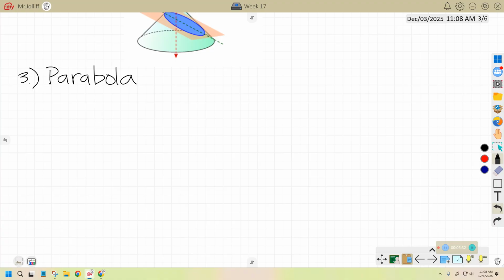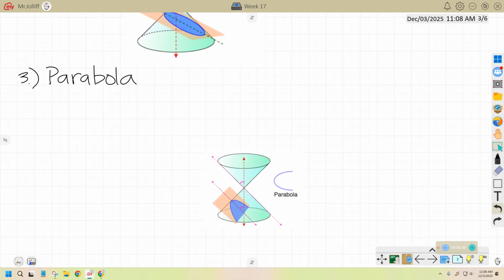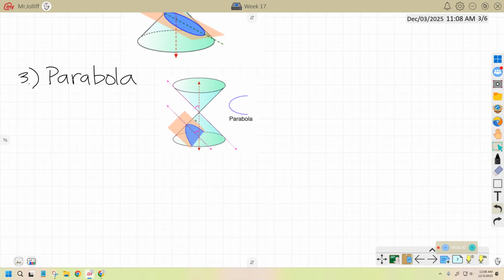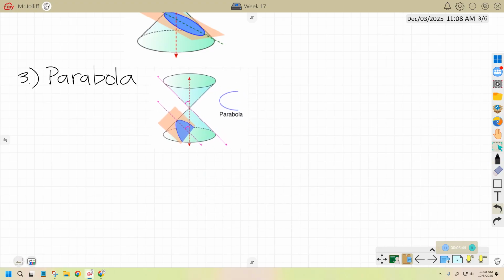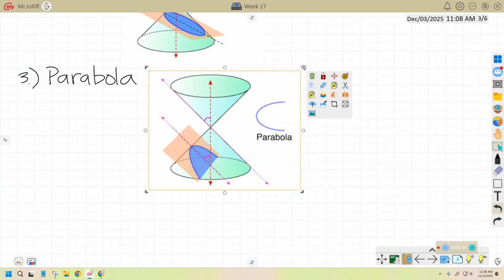Quadratic equations produce parabolas. Parabolas are a conic section. And you'll notice in my drawing, you don't need to draw the conic section. You just need to draw the little blue shape. You'll notice that they indicate the tilt of that orange plane is parallel to the tilt of the side of the cone.